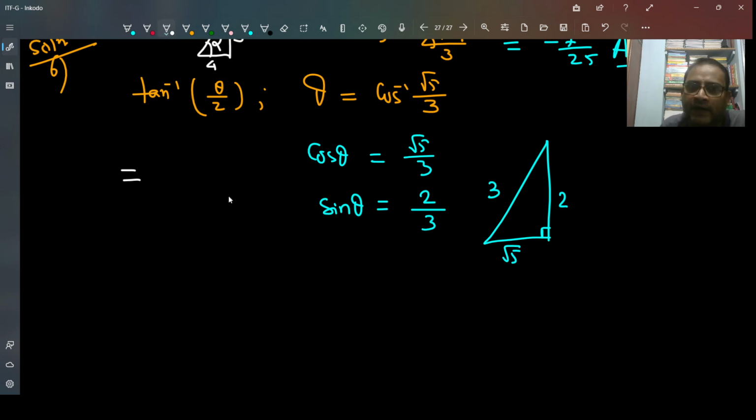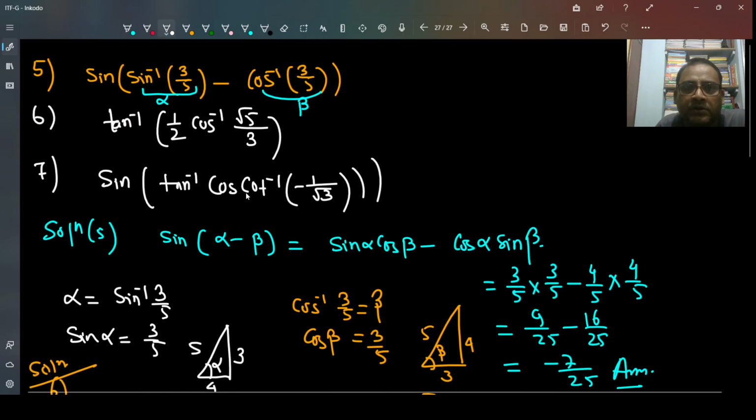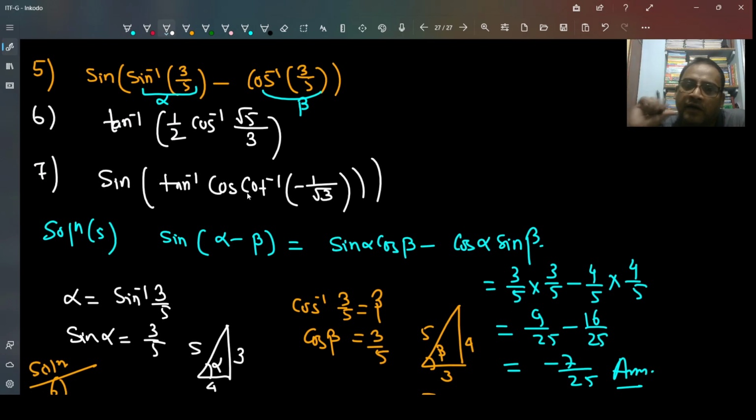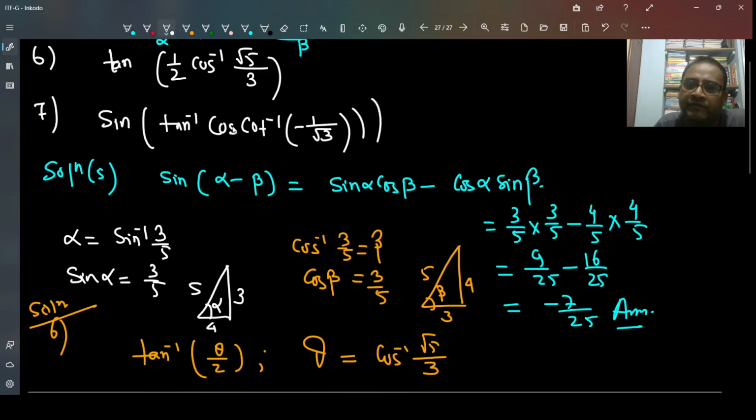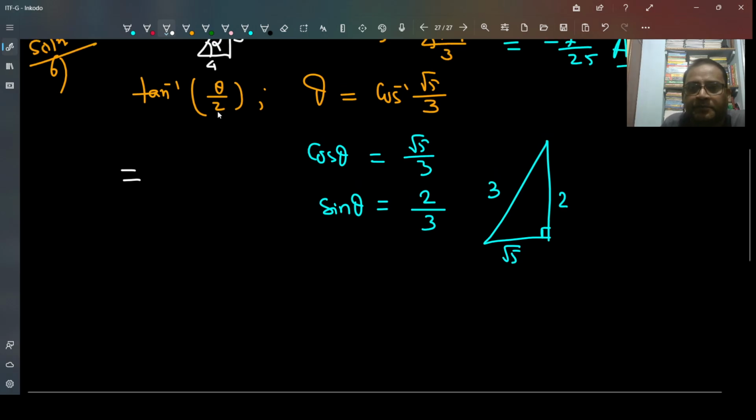And with the help of sine theta and cos theta, I can write this value. Tan inverse half of theta, I think this is not inverse. There is a mistake. It will be tan only. Tan half of cos inverse root 5 by 3 we have to find.